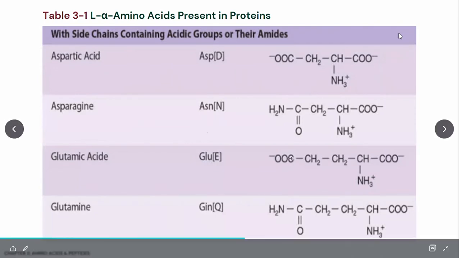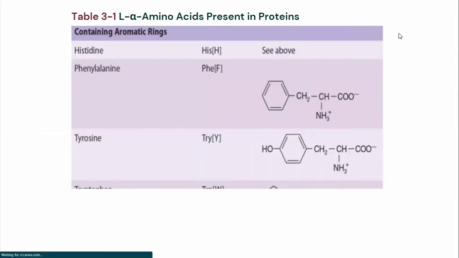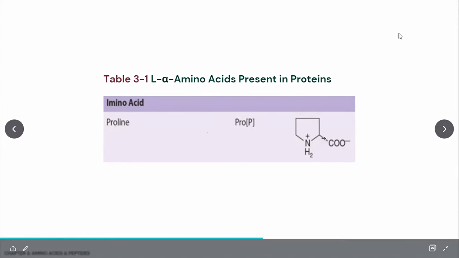Now this carboxyl group reacts with the amino group here, so they will form a ring. And that is now proline. So that's carbon 1, carbon 2, carbon 3, carbon 4, carbon 5.